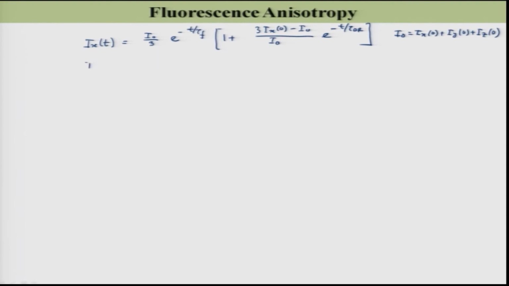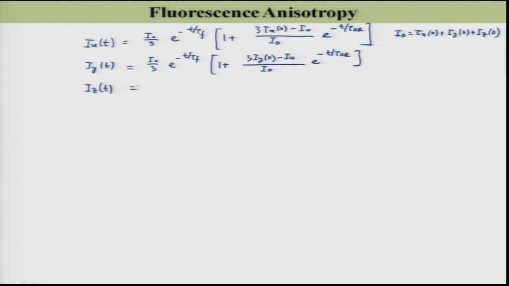So, similarly you can write for Iyt, and obviously you can write for Izt. So, Iyt will look like I0 by 3 similar equation e to the power minus t by tau f, 1 plus 3 (Iy0 minus I0) divided by I0 e to the power minus t by tau r.